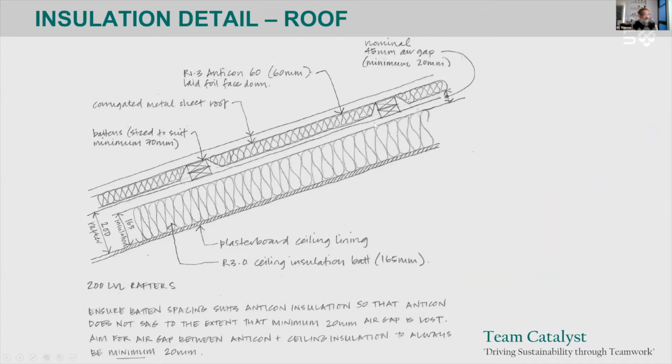And that is because aluminum foil is a non-vapor permeable membrane. And it's possible that you could get condensation on that membrane when the temperature differentials are high, like on a winter night. If you're warming up the room from the inside and the roof is facing a cold outside, it's possible to have condensation.